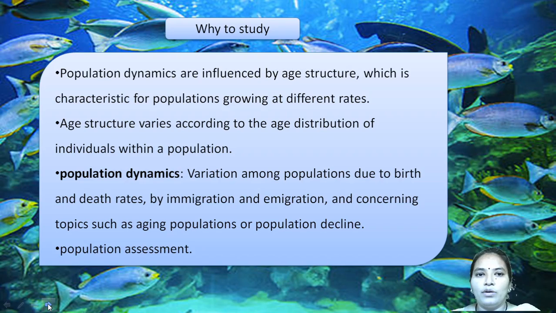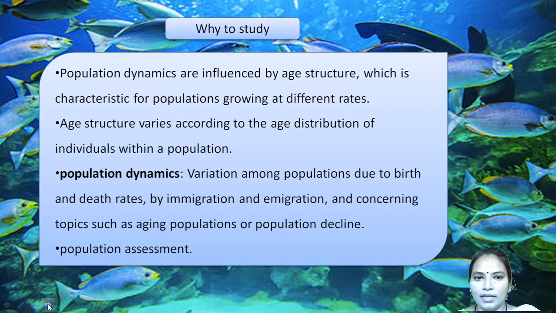So let's see why to study the age distribution. Population dynamics are influenced by the age structure, which is characteristic for populations growing at different rates. Age structure varies according to the age distribution of individuals within a population.